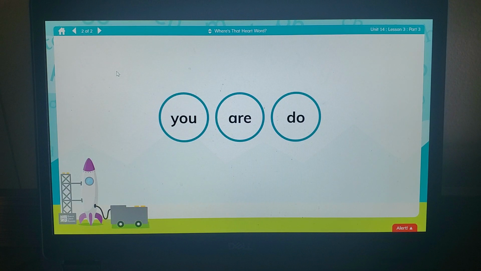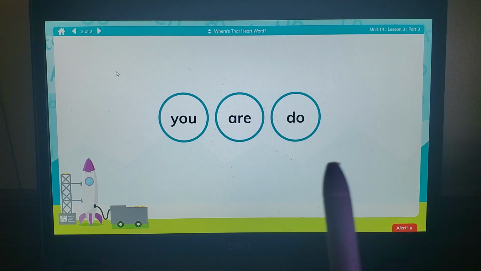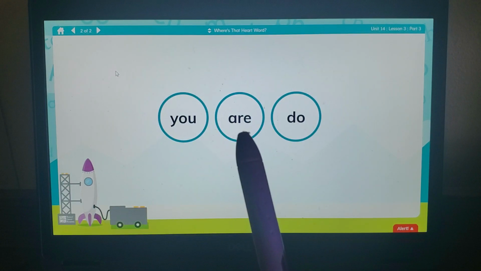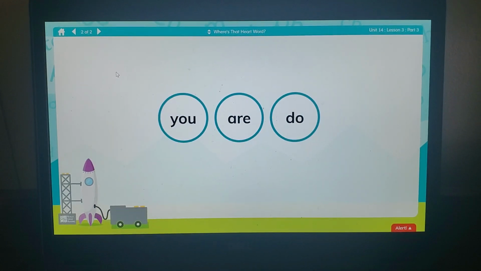So with using the words you, are, and do, which word is last? Do is last. Next, which word is before the word do? Are. You have do, and the word before do is are.